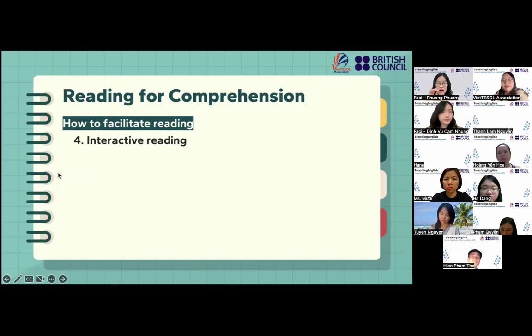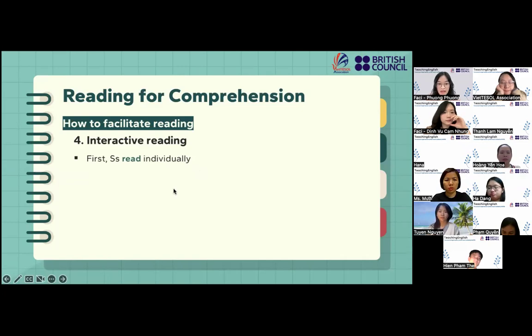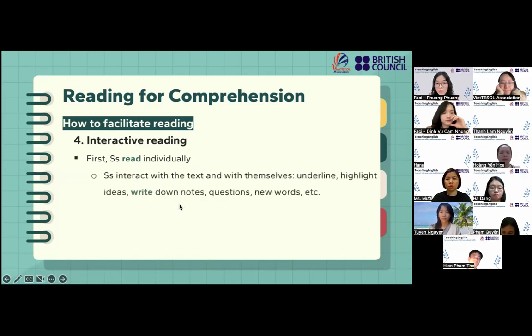Okay, and that's the next point I want to talk about in how to facilitate reading. We have interactive reading. So in the first phase, the students read individually. So you need to have some quiet time for students to read. And it's not only about looking at the words and trying to take in the information, but reading is a very proactive process.